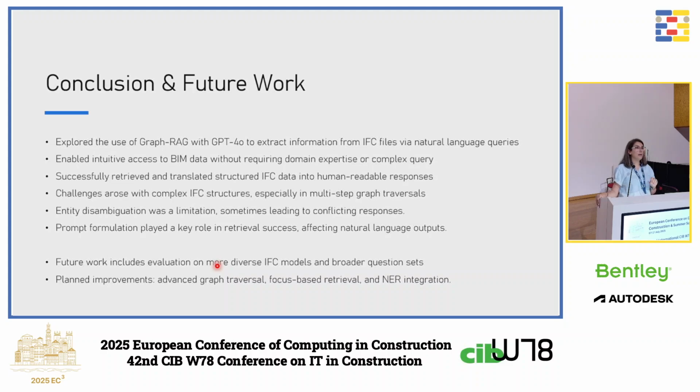So instead of considering all the IFC model and all the elements and features possible, we may only focus on extracting information about walls, the connections, the features, and everything that is relevant to a specific focus subject. And as I mentioned, another improvement could be NER integration, which helps the large language model to answer more accurately.